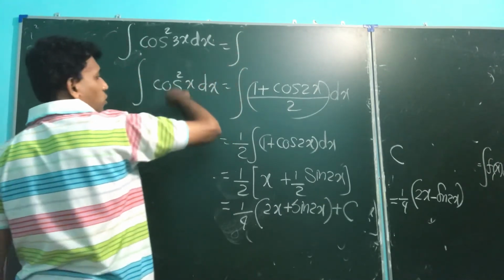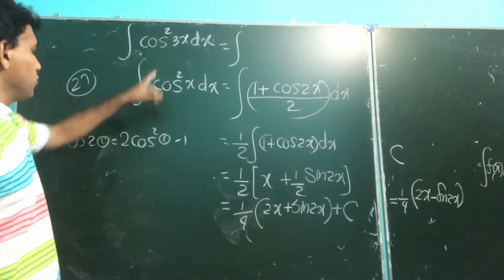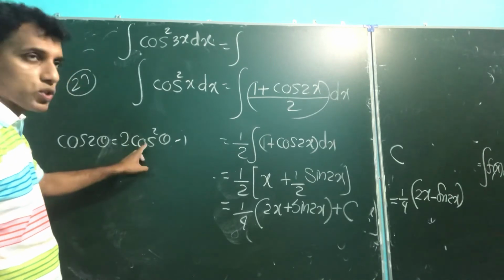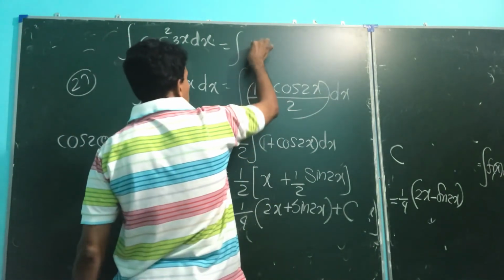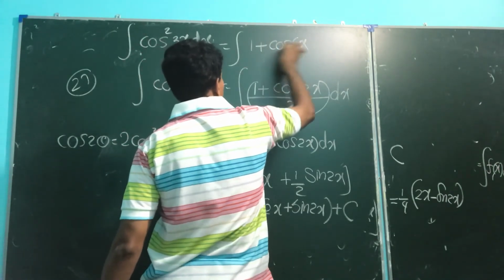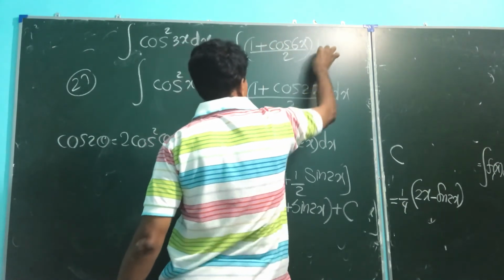What does cos square mean? Double angle, cos square, therefore cos 6 theta. Cos 6 theta is 2 cos square 3 theta minus 1. Here it becomes (1 plus cos 6x) by 2 into dx, right?